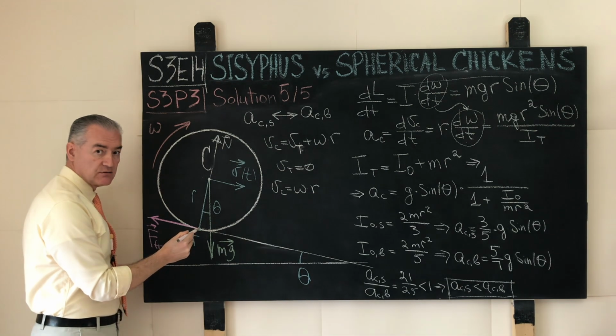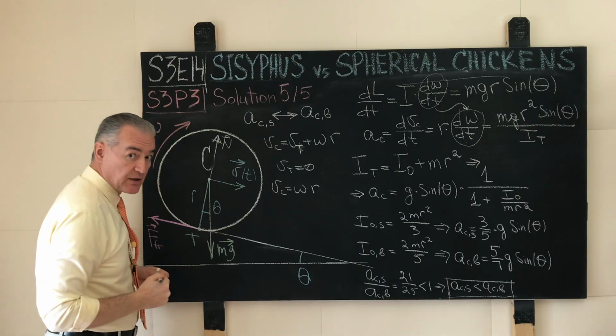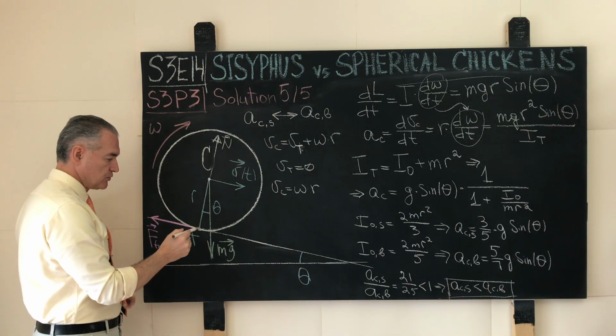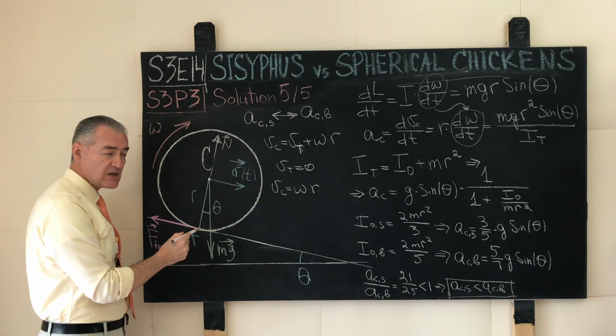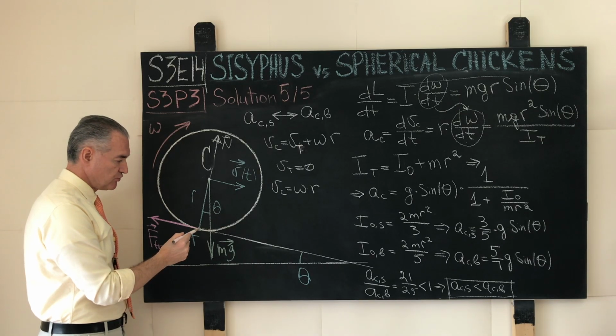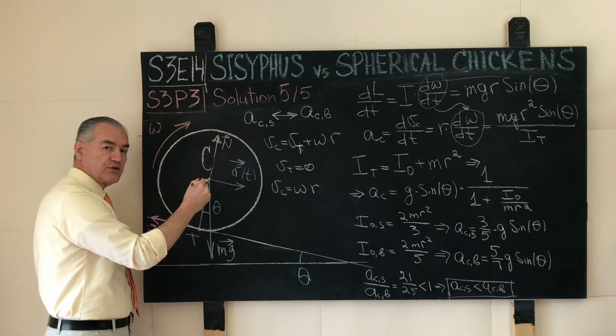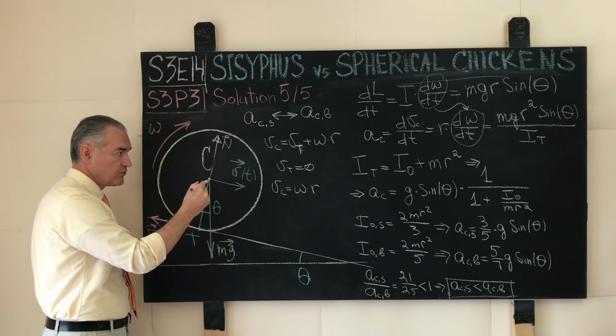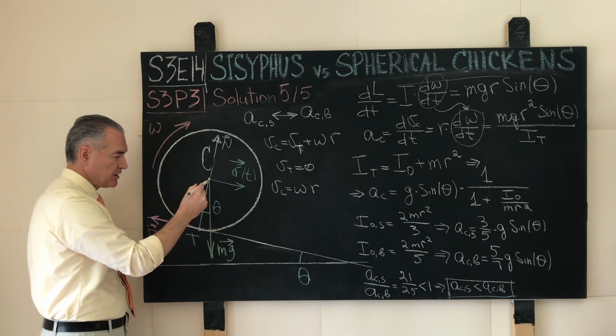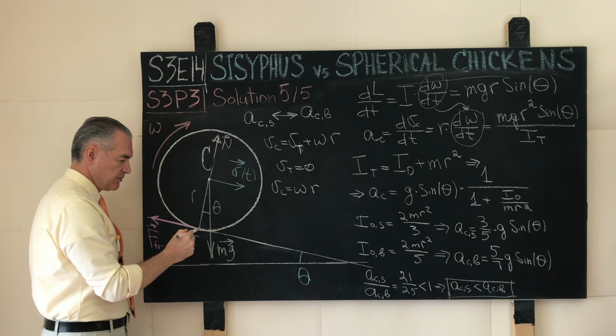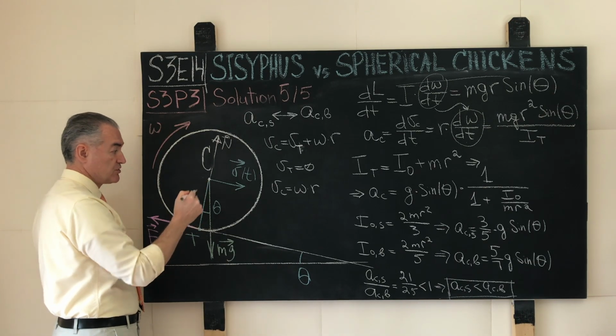And again, by the parallel axis theorem, we already know how to compute that moment of inertia. It will be the moment of inertia about the natural axis of symmetry of this object plus m times d squared, where d is the distance from the pivot point to the center of mass, which is r.